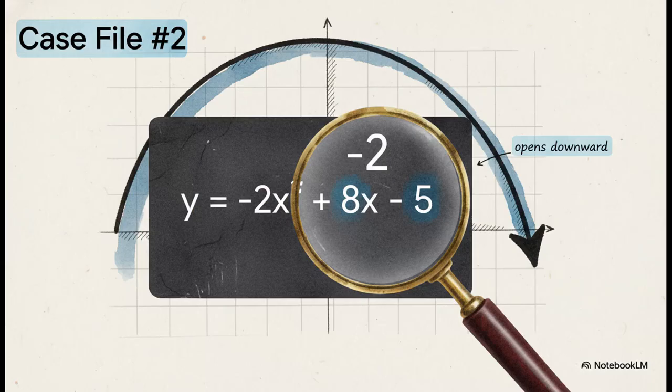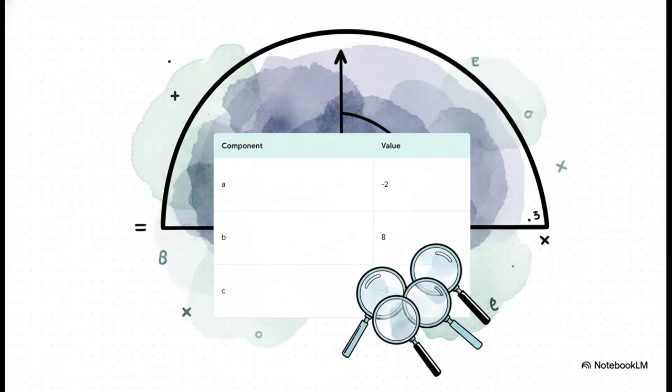Okay, one case down. Let's tackle a slightly different suspect, this time a parabola that opens downward. Now, it might look a little trickier, but trust me, the method is exactly the same. Our secret weapon works on any parabola you throw at it. Once again, let's gather our evidence. Here, our a is negative 2, b is 8, and c is negative 5. Now, that negative a value, that's our big clue.